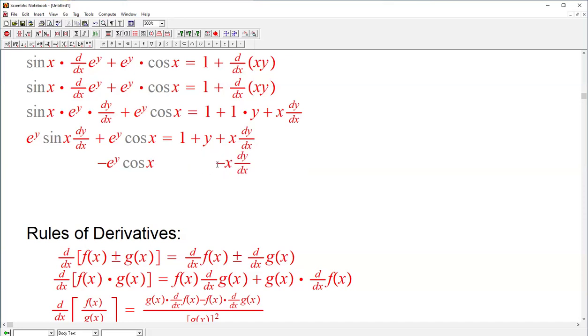So we subtract this on one side, and we're going to subtract that on the other side as well. And we subtract this piece on this side, we're also going to subtract the same piece on the other side.